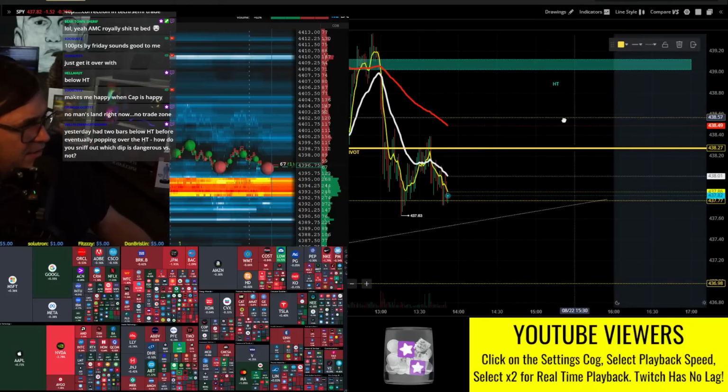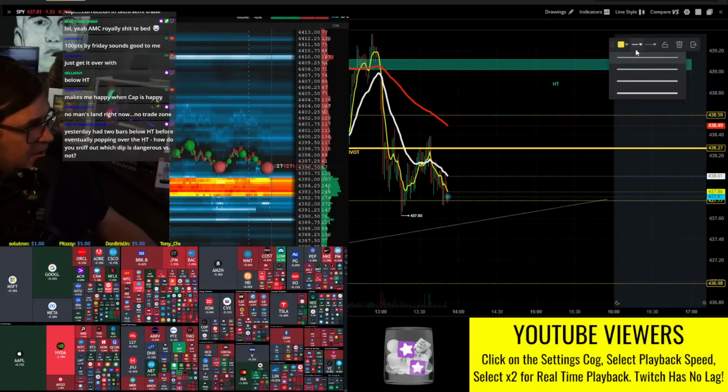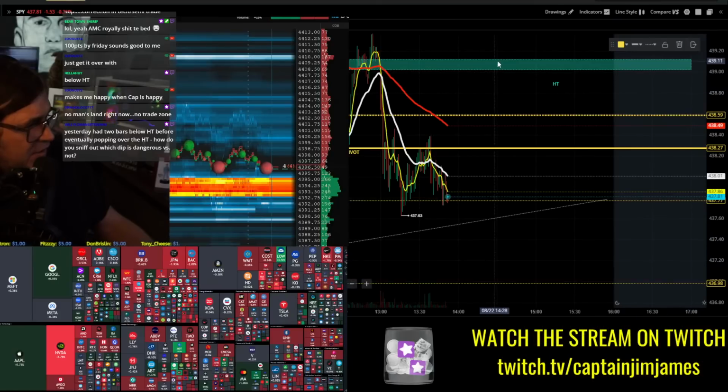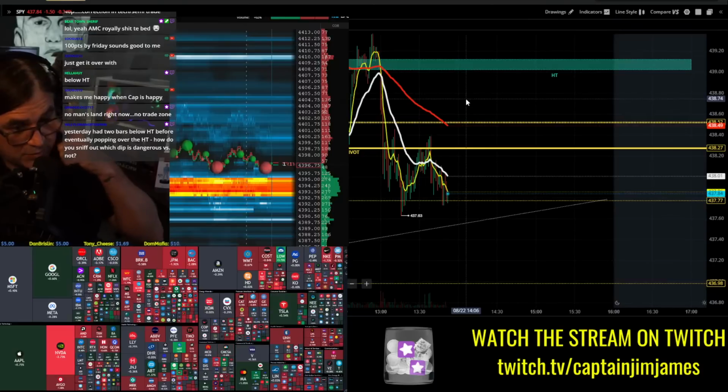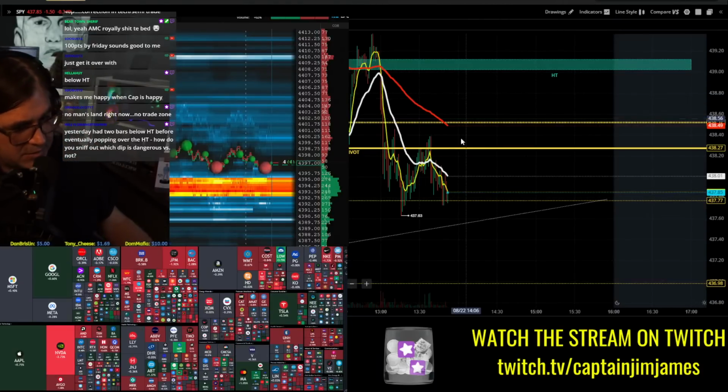Even right now, this line right here is becoming resistance. So even though this is saying hourly triggers up here, this yellow line is actually becoming resistance right now. So we'll wait and watch it as we get into this close.